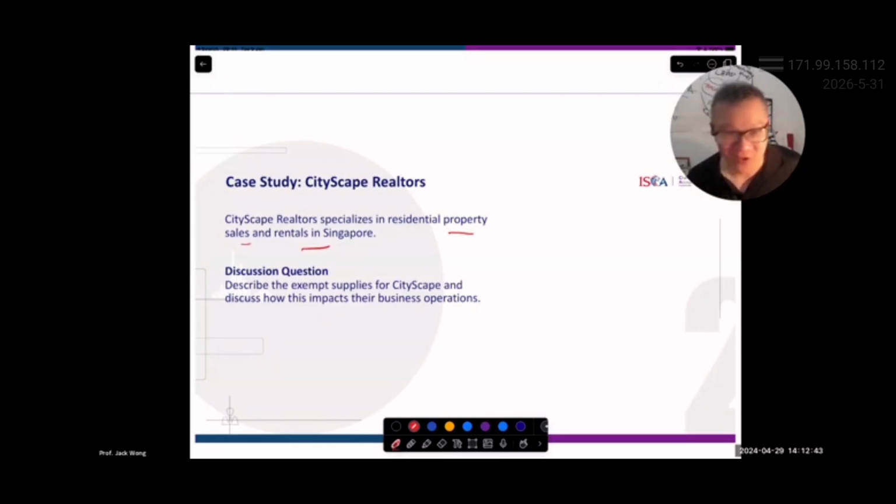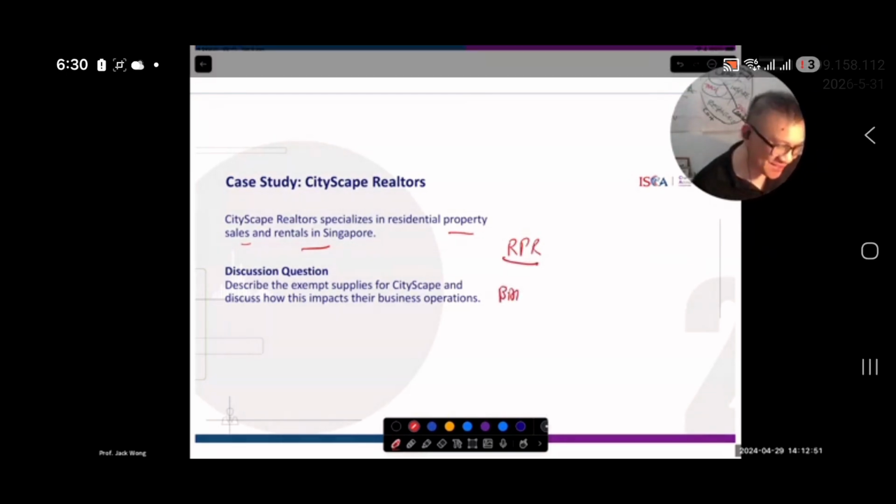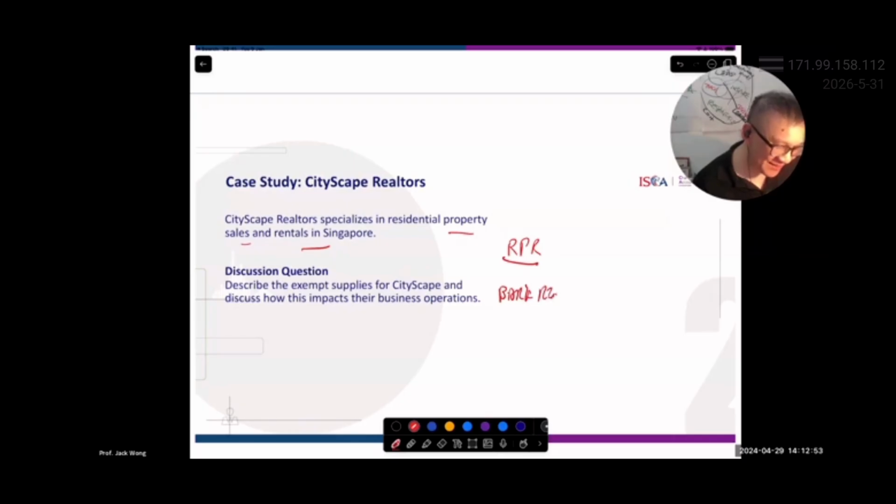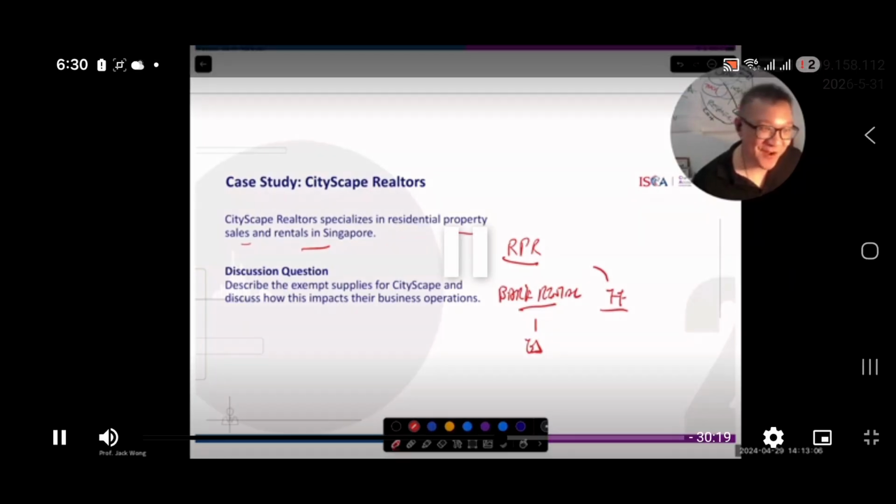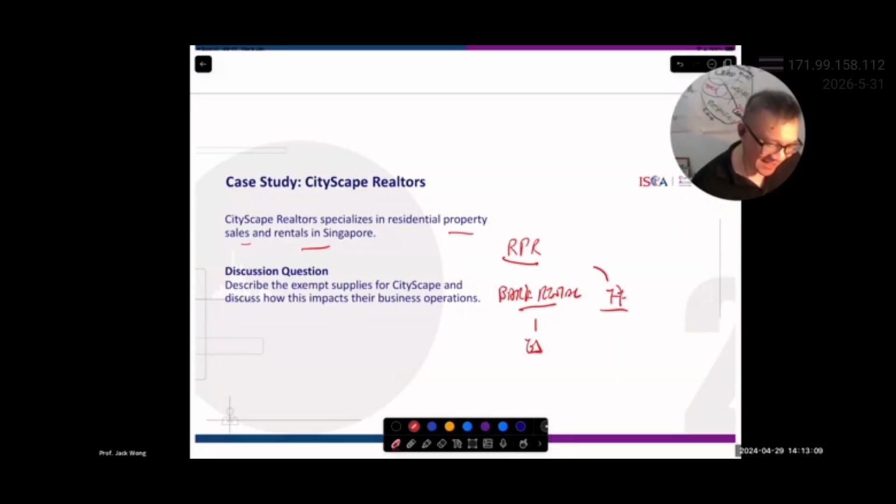What are we talking about? If you talk about residential property rental, the bare rent, which means the rental, is actually exempt supply. But if it comes with furniture and fittings, and you rent it out, okay, as a fully furnished or partially furnished apartment, then the furniture and fittings rental is standard rated supply.